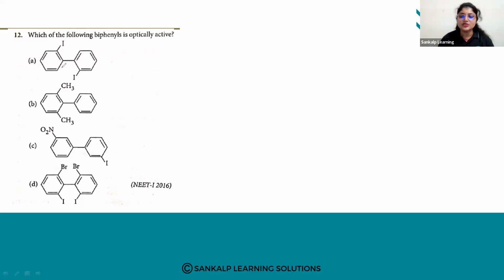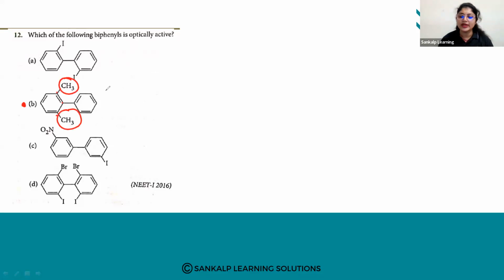I'll take option B. In option B, you can see that these methyl groups are ortho substituted. Ortho substituted means what? From here, this is at the second position, so these are called ortho substituted.